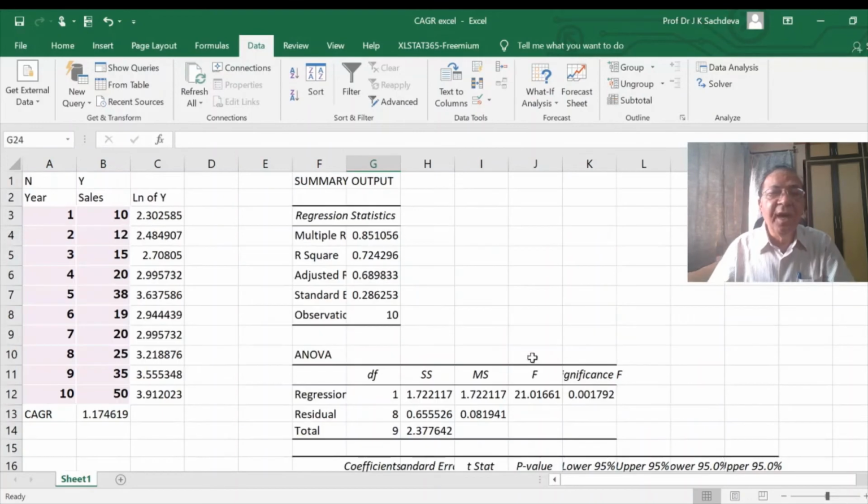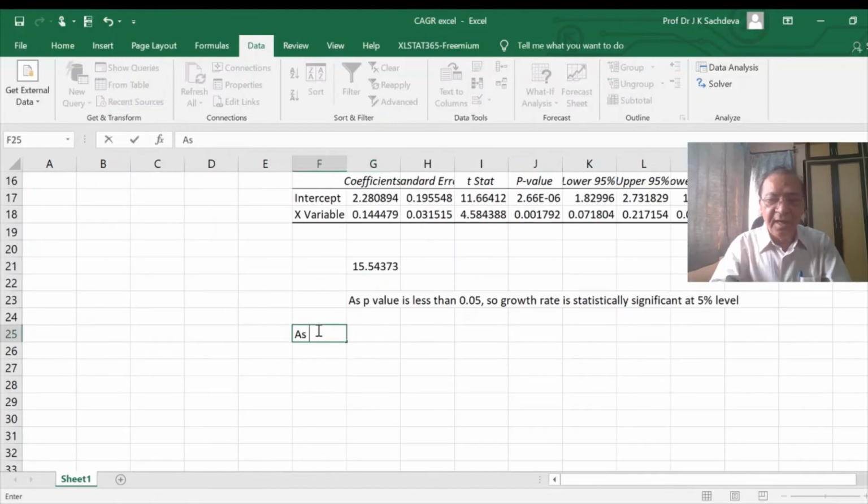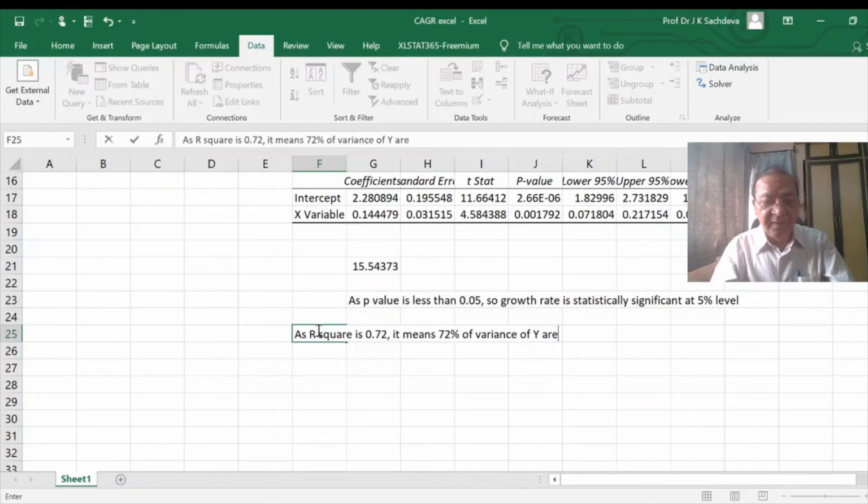Further, R square is 0.72. It means 72% of the variance of y is explained by the numbers, that is, time.